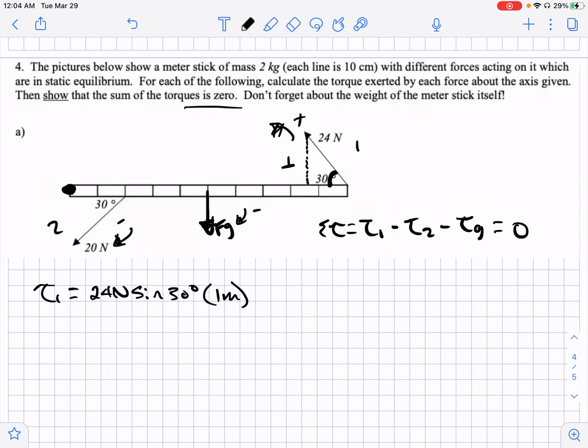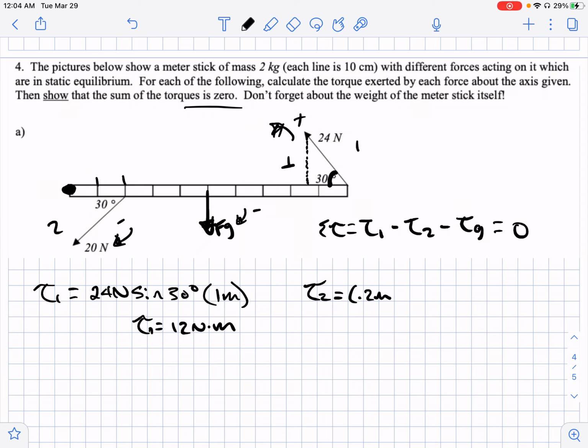If I plug that in, it would equal 12 newtons times meters. For torque caused by that second force, it's going to be that moment arm, which in this case is 1, 2, because our axis of rotation is over here on the left.